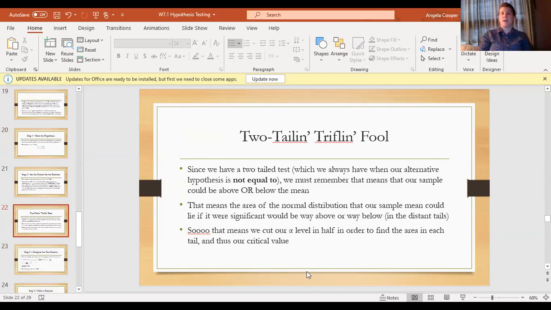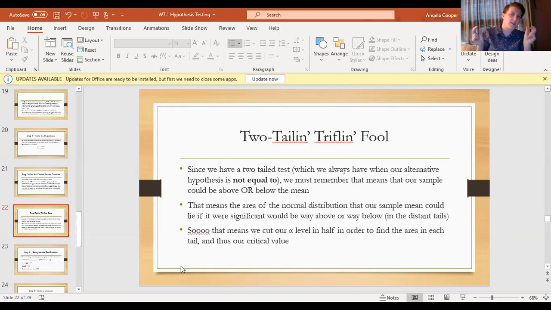Since we have a two-tailed test, we have to remember that our sample could be above or below the mean. Wherever our score would lie on the Z distribution, it could be super high or super low. We don't know. That's why we cut the alpha in half. If it falls in this area of the distribution, it's going to be significant on this side.